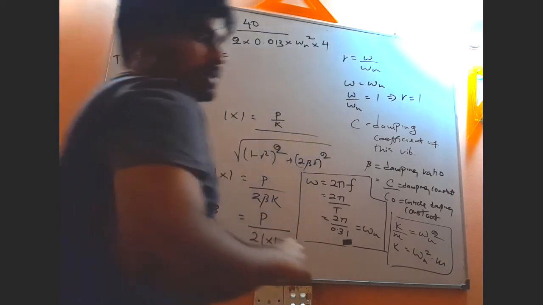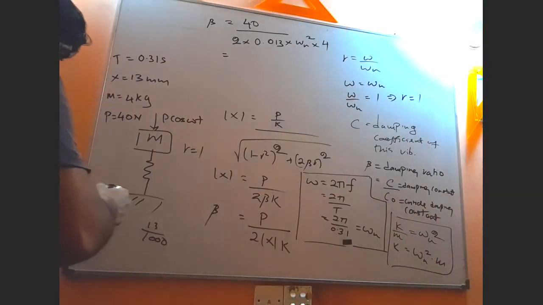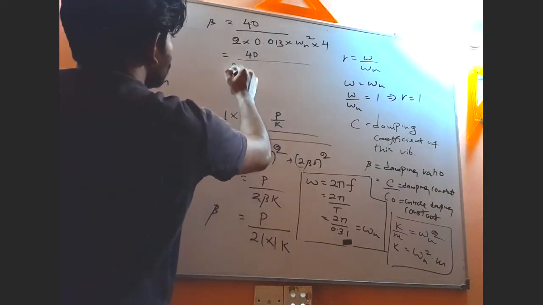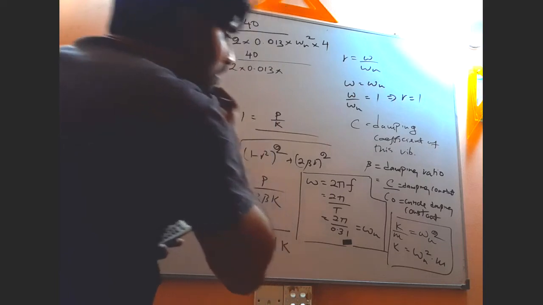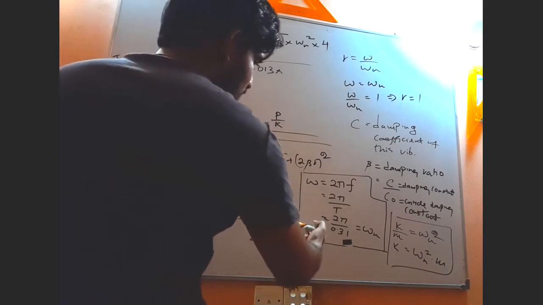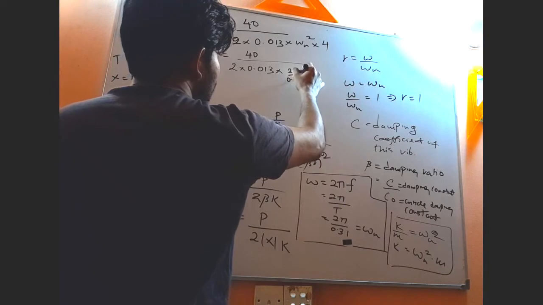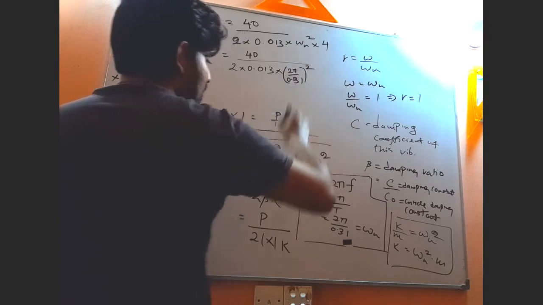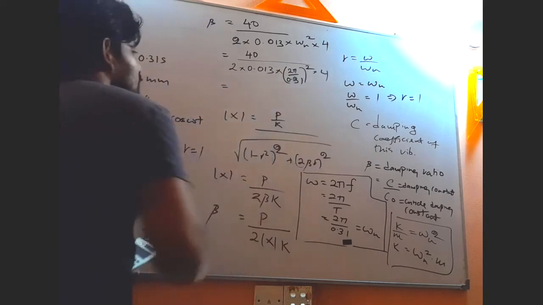So in the calculator: 40 divided by 2 multiplied by 0.013 multiplied by omega n squared. Omega is 2 pi divided by 0.31, the whole thing squared, times 4. So that is beta.